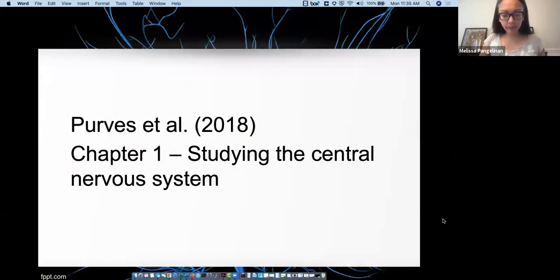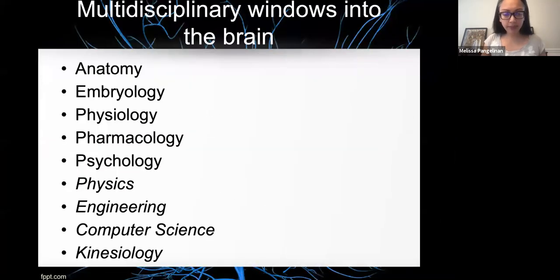Okay, so one of the really nice things about studying neuroscience is that there are so many different windows into understanding the brain. We have anatomists, embryologists, physiologists, pharmacologists, psychologists, physicists, engineers, computer scientists, and kinesiologists. I added the kinesiology because it wasn't in the book.